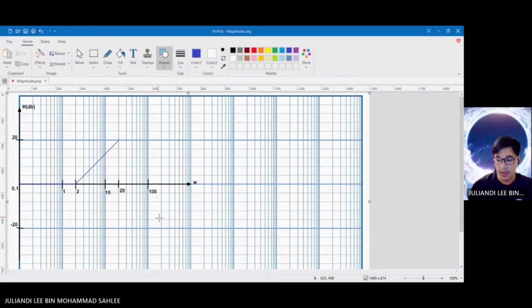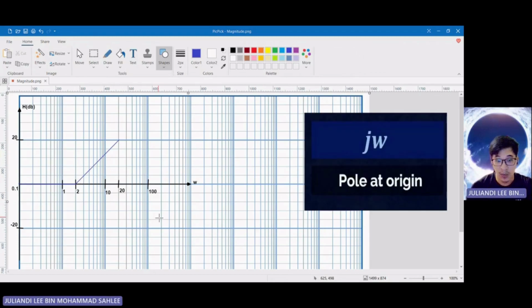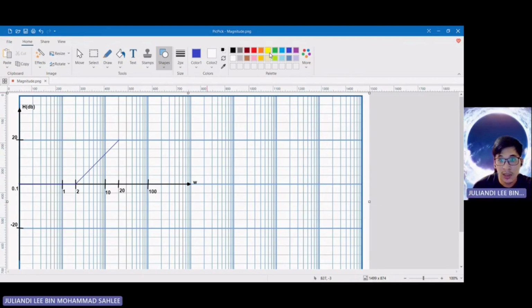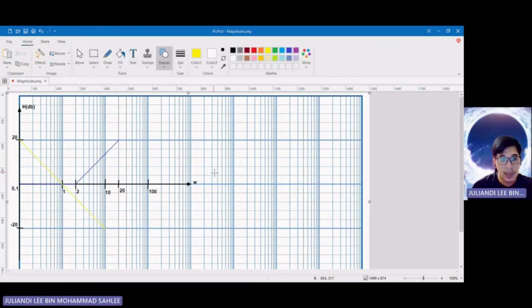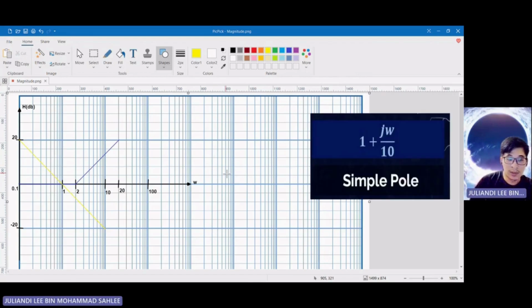Next, we have the magnitude for the jω. Since it is a pole at the origin, this means it will go down. So I will use the color yellow, starting from this 20, passing 1, until the next decade, which is 10. Next, I will do the magnitude for 20 log |1 + jω/10|.